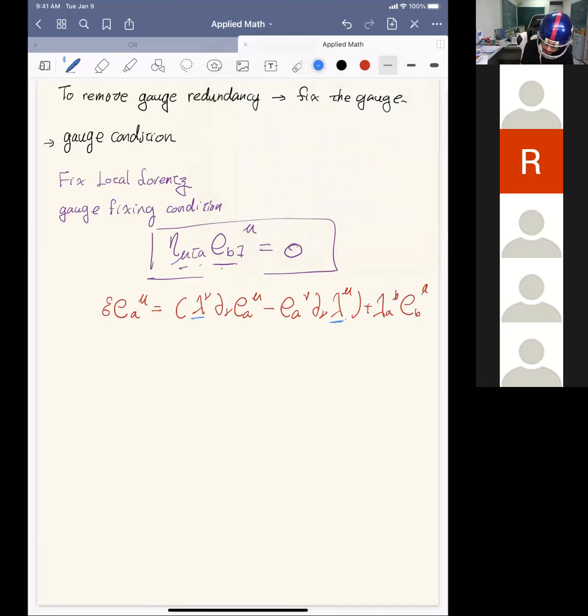So you see that the variation of the Vierbein contains a term that is the derivative of the coordinate transformation, and this reflects the fact that my e^a_mu contains the gauge field for coordinate transformation. Once again, the gauge field for whatever transformation you have, the variation of that gauge field will always contain the derivative of the parameter of that transformation.